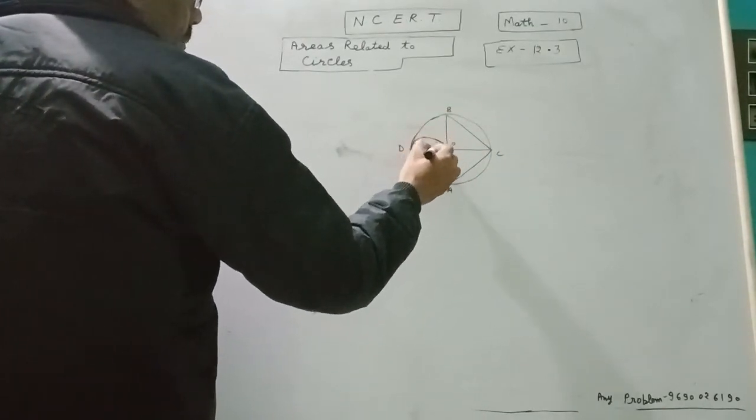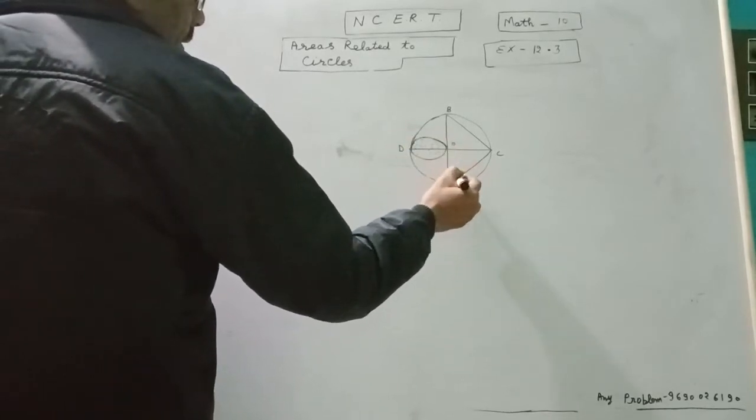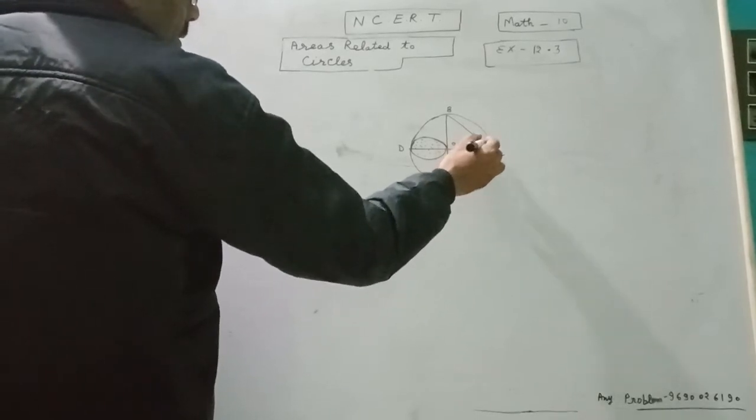The dotted shaded part is the circle and the rest part of the semicircle.